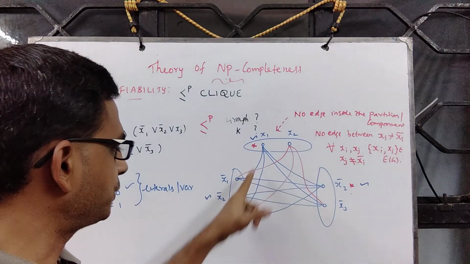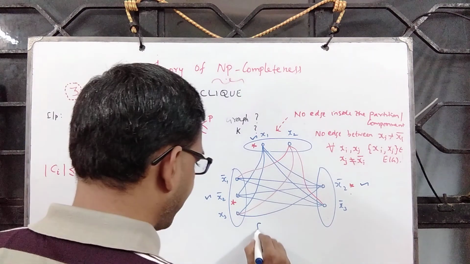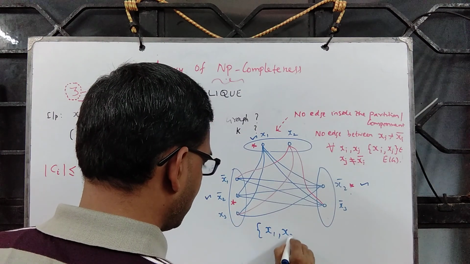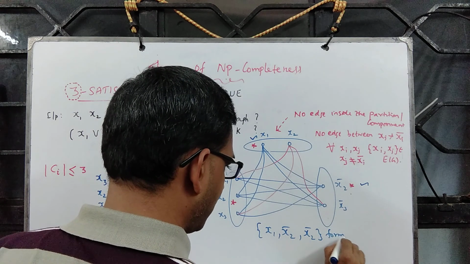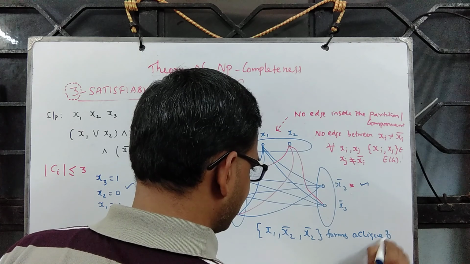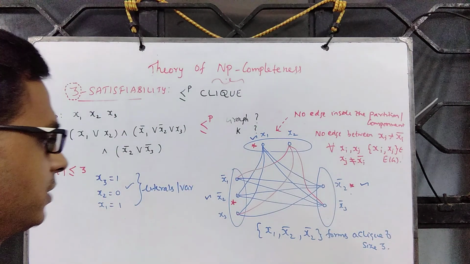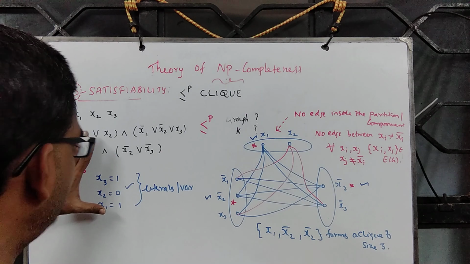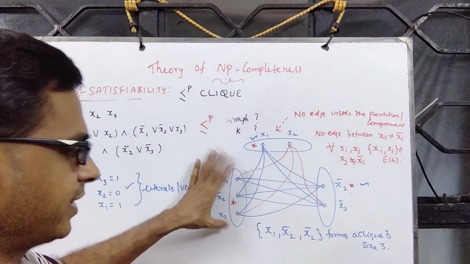You see that x1, x2 bar form a clique of size 3. So now we see that if this is a yes instance, then this becomes a clique of size 3.